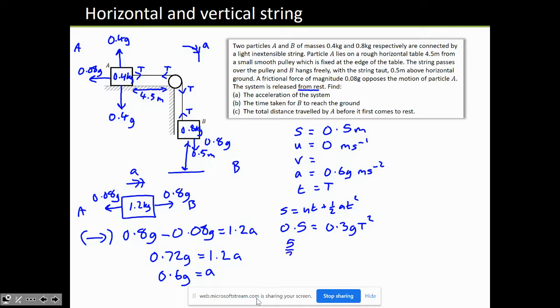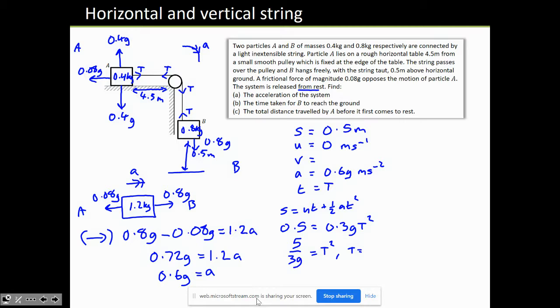So we get 5/3g is equal to t squared. So our time taken is the square root of 5/3g, or 5/3 times 9.8. And then square root that to get our answer.